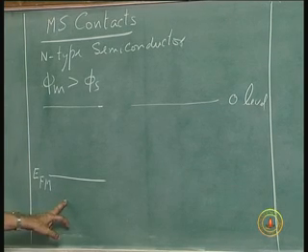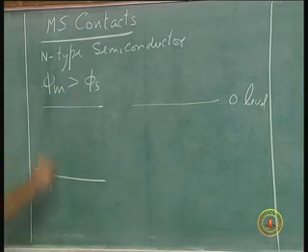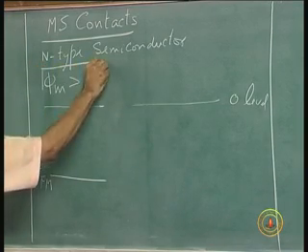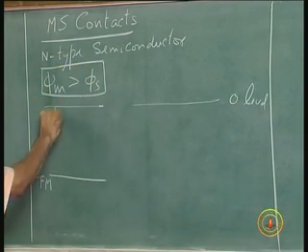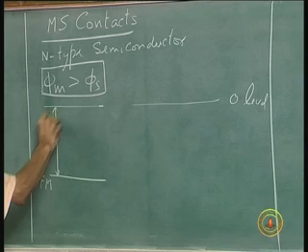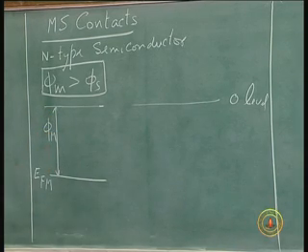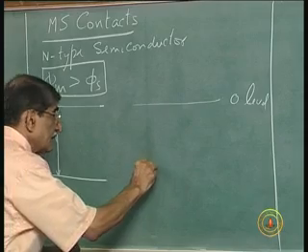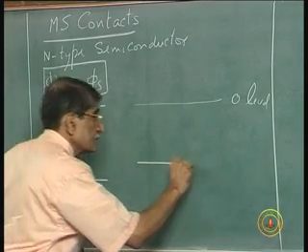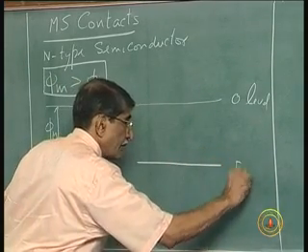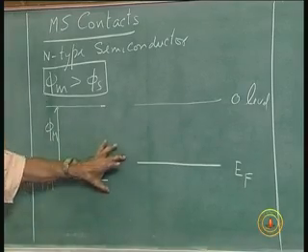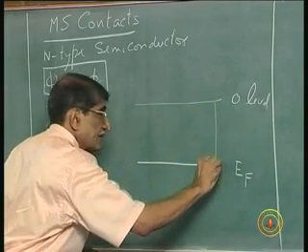So, that is the EFM, and what we are talking of is a situation where phi m is greater than phi s. We have defined all these terms. So, that would mean that the Fermi level of the metal is above that in the semiconductor, that is phi m, this is phi f s.